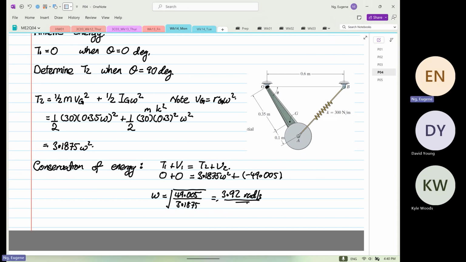It's not really a difficult problem, but the most important thing, when you calculate potential energy and kinetic energy, is that it's all based from the center of gravity. Say it again.